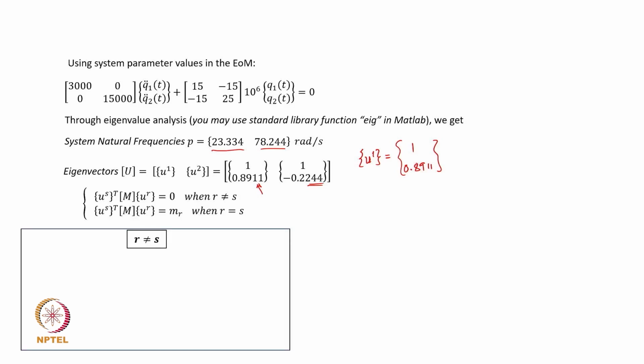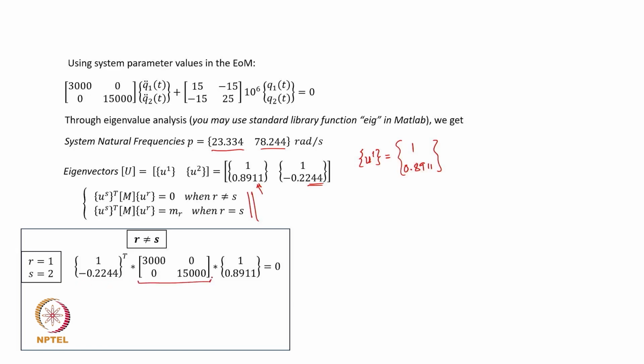Okay. Now, these orthogonality properties we all know with respect to the mass and stiffness matrix. It basically says that when R is not equal to S, which means that when you pre-multiply this mass matrix, please make a note that this is your mass matrix, with, let us say, the second eigenvector and post-multiply by the first eigenvector, that means R is not equal to S, you can show that the multiplication turns out to be 0.